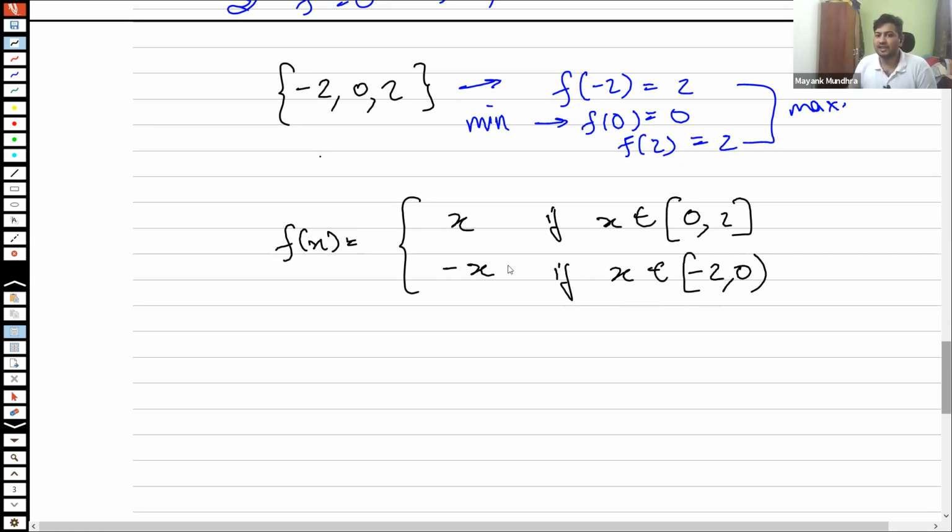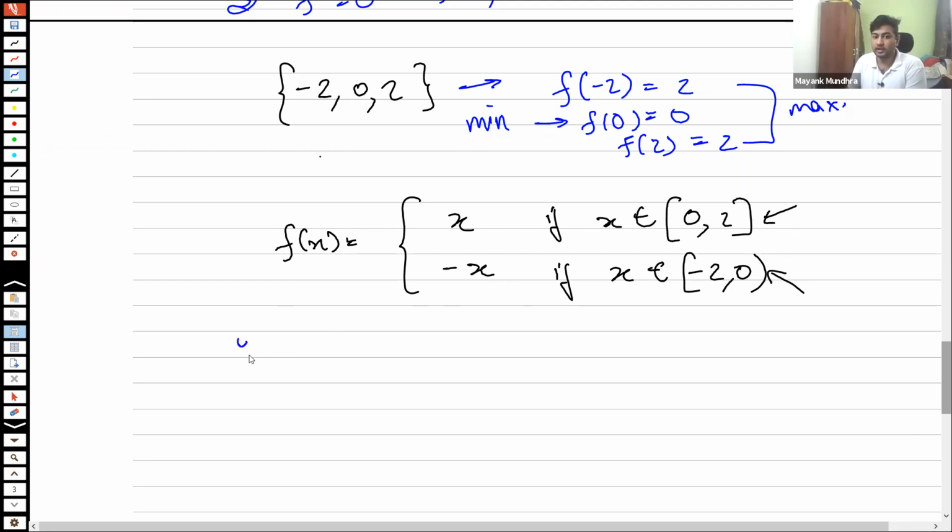Once you define it like this, I know that this part is completely differentiable, and this part is completely differentiable. The only point where it could have a non-differentiable part is at 0.